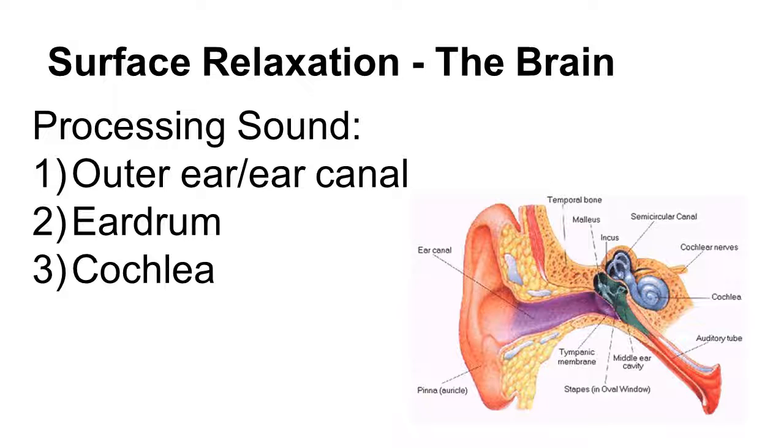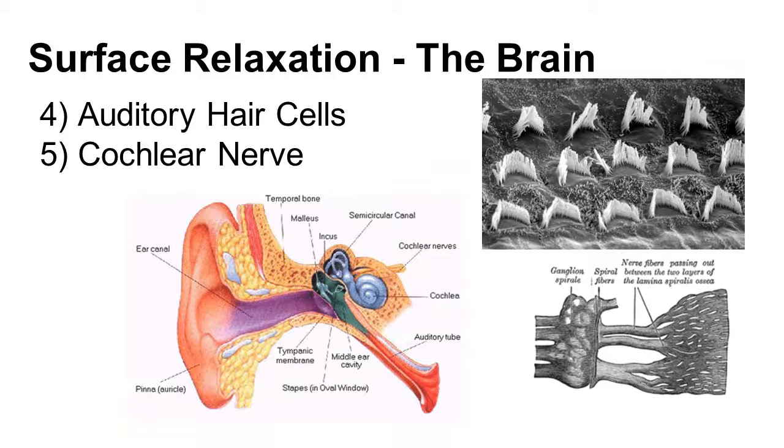Well, first of all, the sound has to go into the ear through the pinna, and then from there it goes into the three bones: the hammer, the anvil, and the stirrup. From the stirrup, the sound gets into the cochlea, where it's converted from air into a liquid form. Next, 50,000 hair cells get shaken up, turning the liquid into energy.